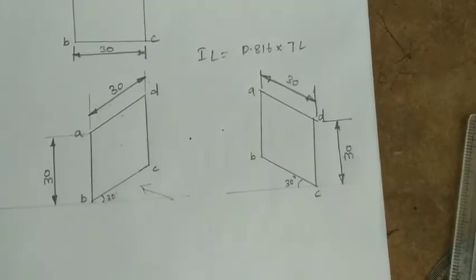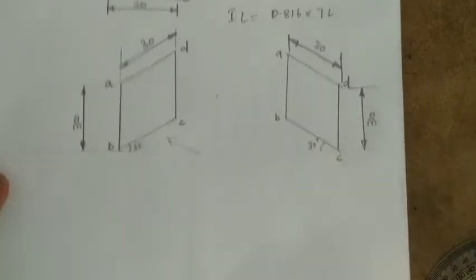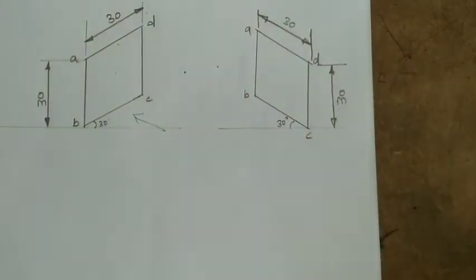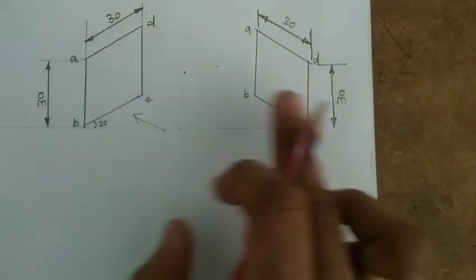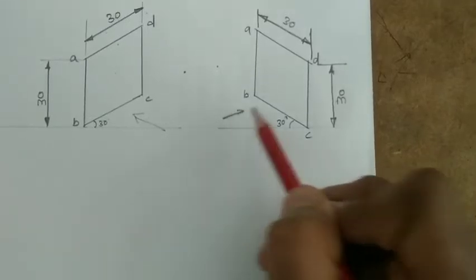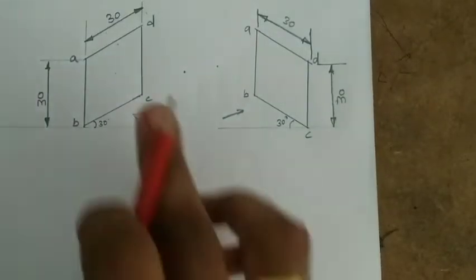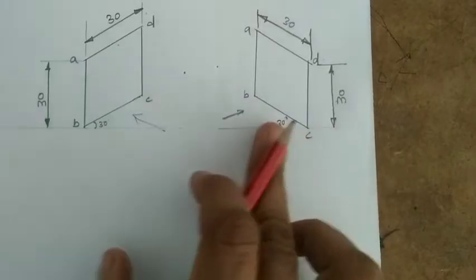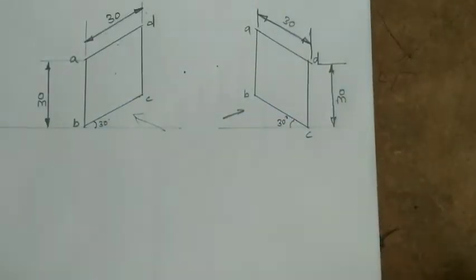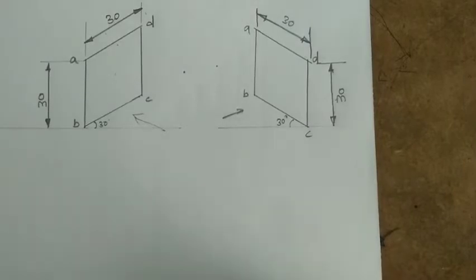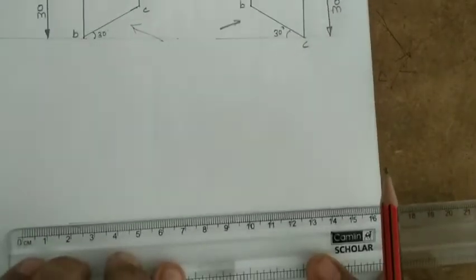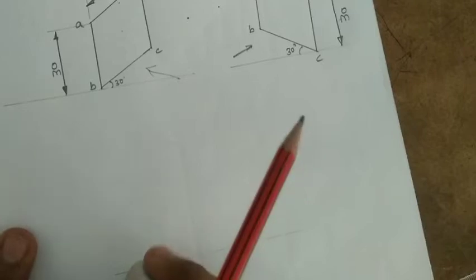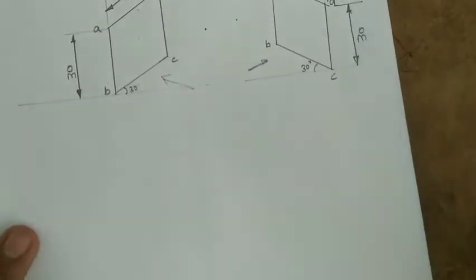Now the top view. How do we need to do it? This is parallel to HP. These two planes, when you see from this side, this will be parallel to VP and this one will be parallel to VP. Any one of the methods you can adopt for drawing. The next one is when you see it from the top view.